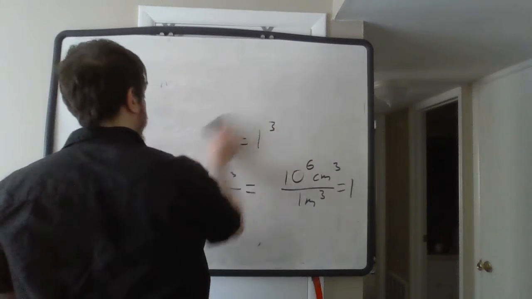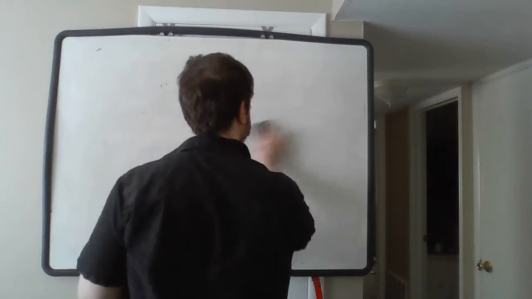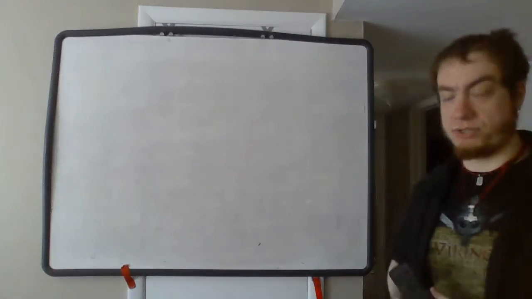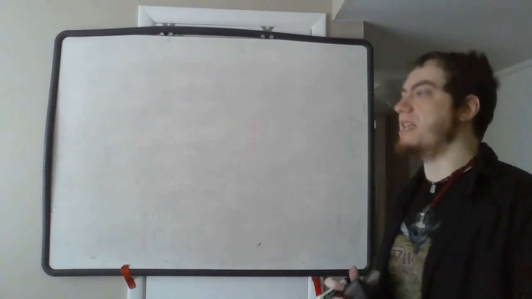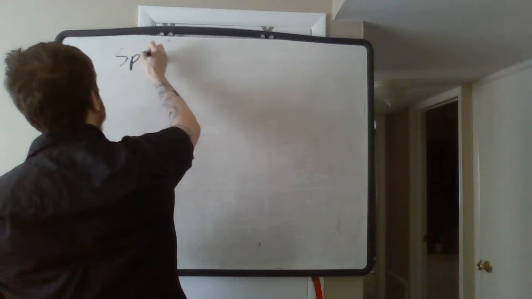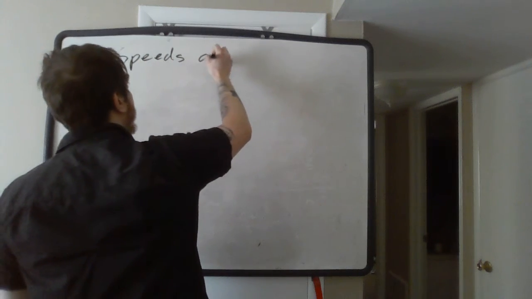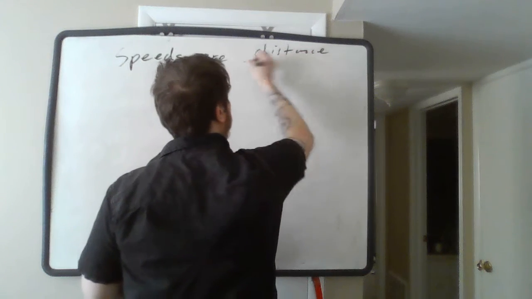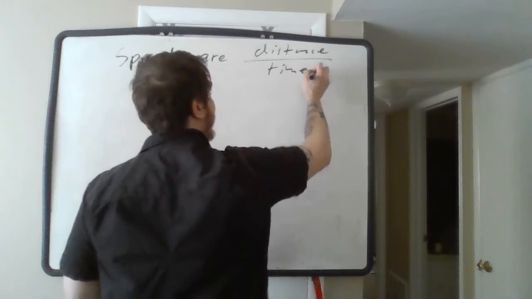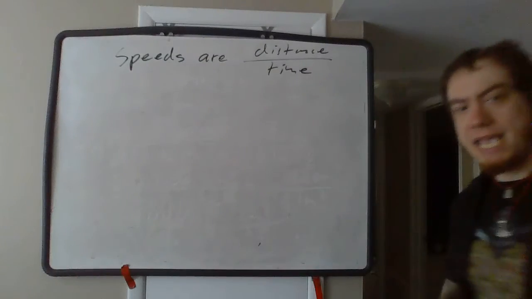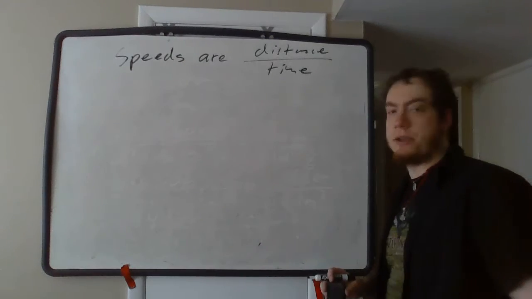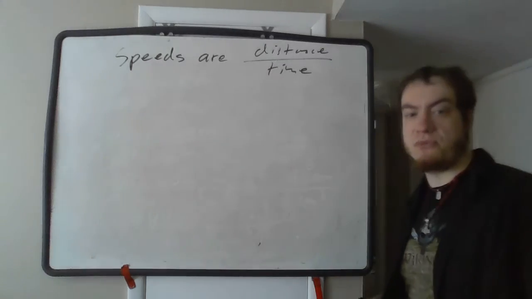Now, some things are actually measured in more complicated units. An example of this would be speed. Speeds are distance divided by time. And this makes them a little bit more complicated than the kinds of things that we've worked with before.